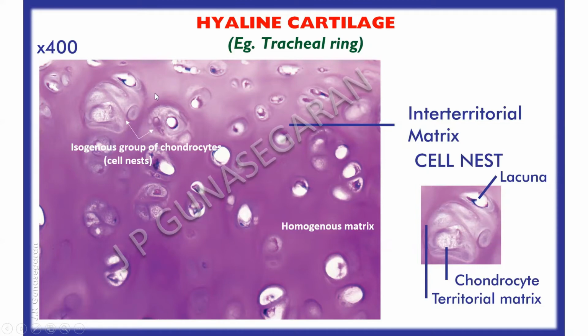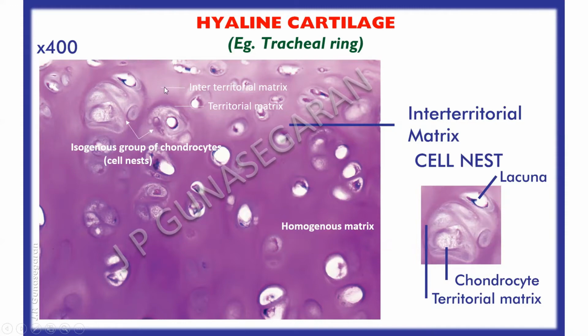The matrix is of 2 types. The newly formed matrix that immediately surrounds the chondrocytes is called capsule or territorial matrix, which is more basophilic and devoid of collagen fibers. The other is the interterritorial matrix away from chondrocytes. It is an old matrix and is less basophilic and contains fibers.